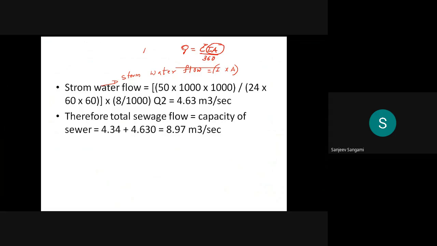So when you are considering these two to calculate the storm water, we have assumed that is Q2.